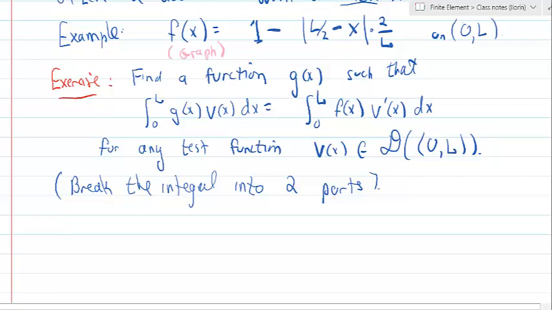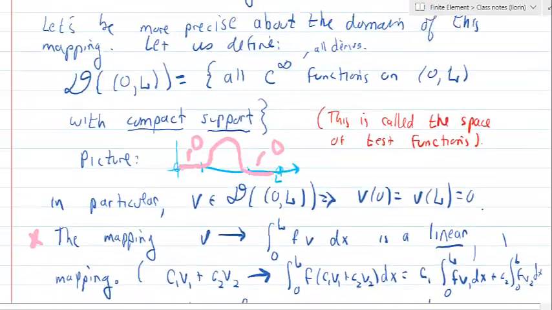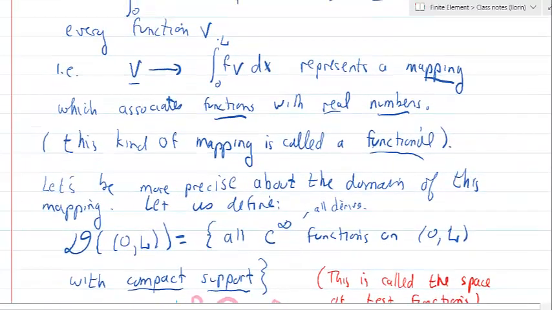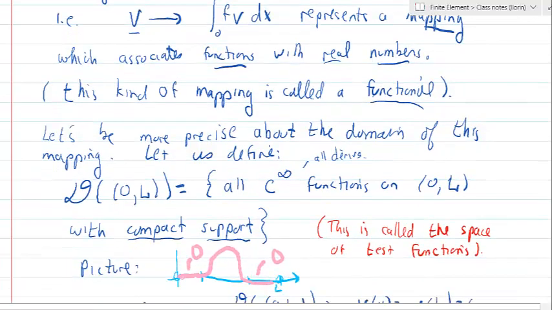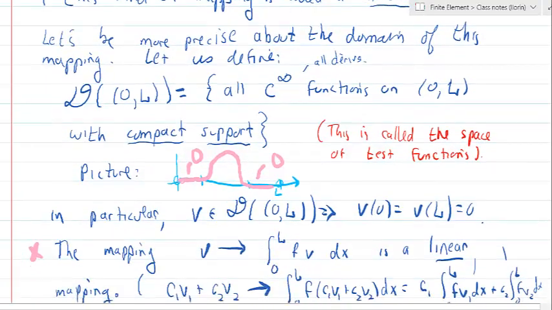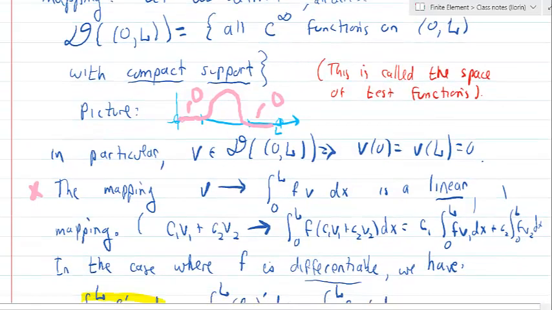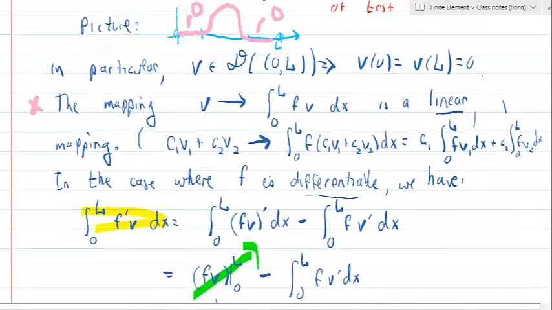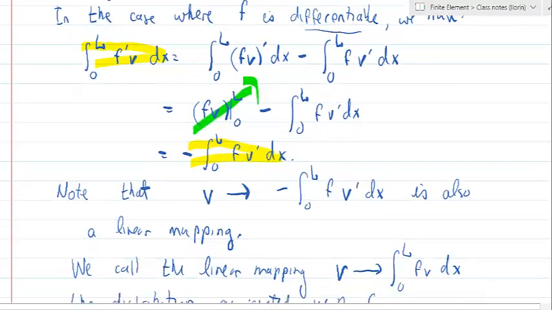So in summary, what have we done? We've defined the distribution associated with a function. So the distribution is a linear mapping that associates functions with numbers. We've used that distribution to define the distributional derivative of a function.